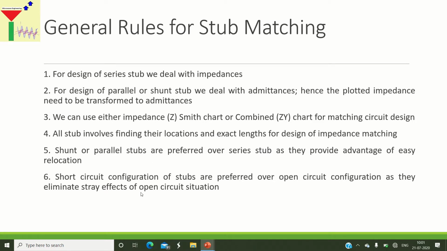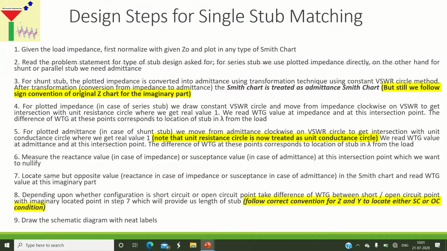So these are the general rules for stub element matching or stub tuning, and this is applicable for all the types of stub configuration.